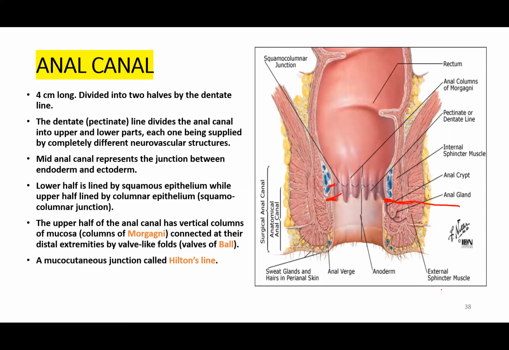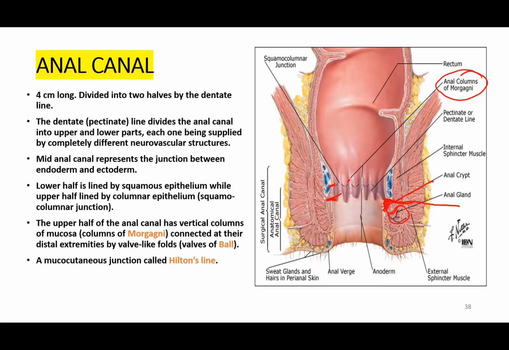So the upper half of the anal canal has vertical columns of mucosa, the columns of Morgagni, connected at their distal extremities by the valve-like folds called the valves of Ball. And those valves of Ball, they are also called the anal crypts. So if you look at this diagram, these are the columns of Morgagni, okay? These are the anal crypts, okay? You can see how the anal glands open into these crypts. If there is obstruction, they can become what we just explained.